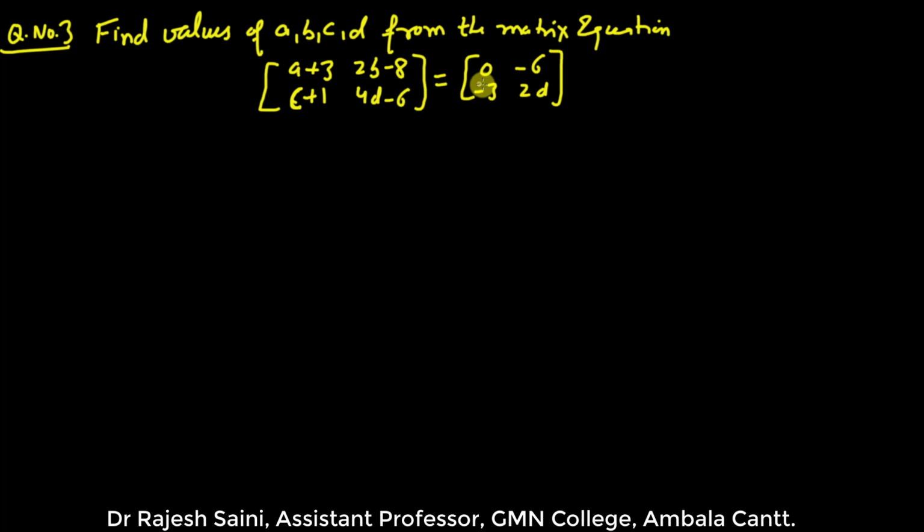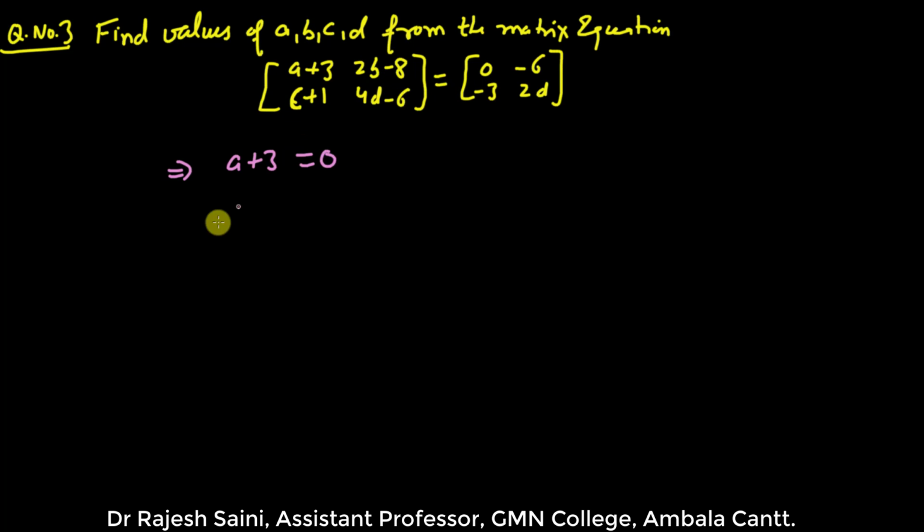So we know that if these matrices are equal, then they are equal element wise. So we can compare this a plus 3 with the corresponding element. So this implies that a plus 3 must be equal to 0.